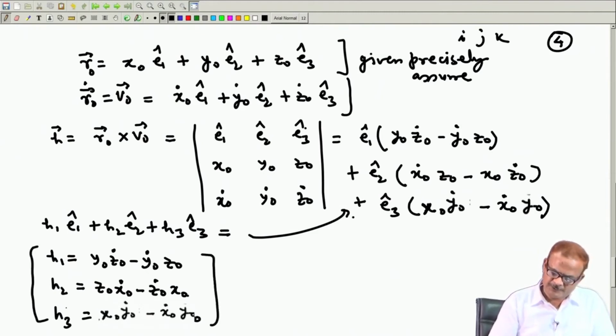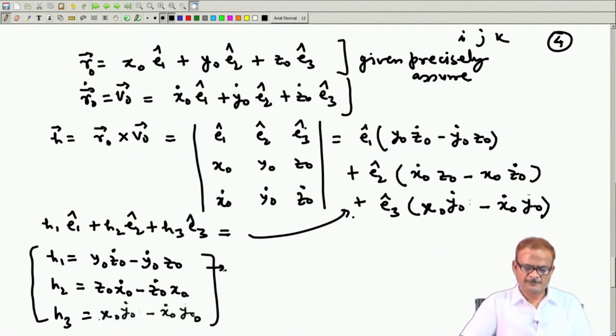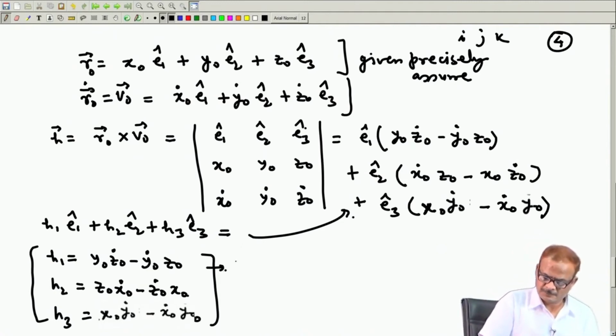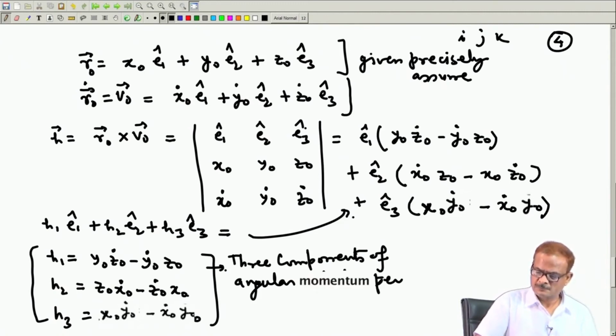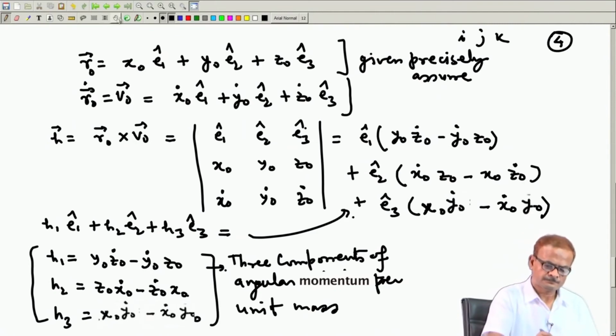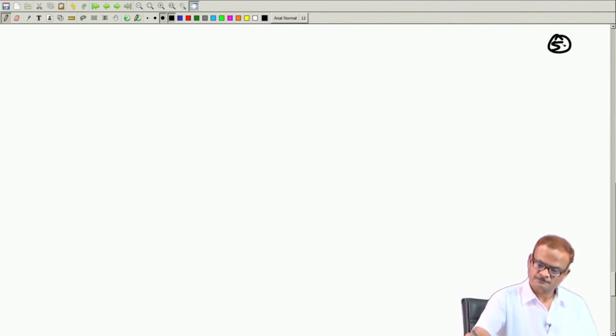These are the three components of the angular momentum per unit mass.